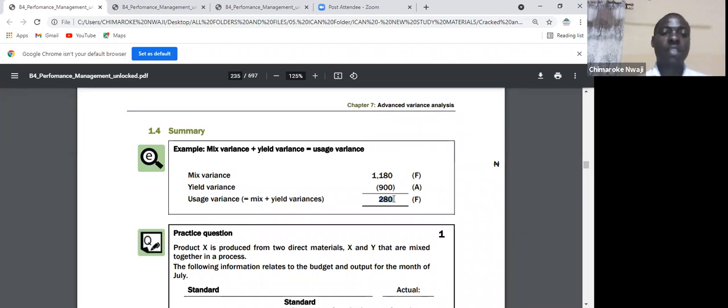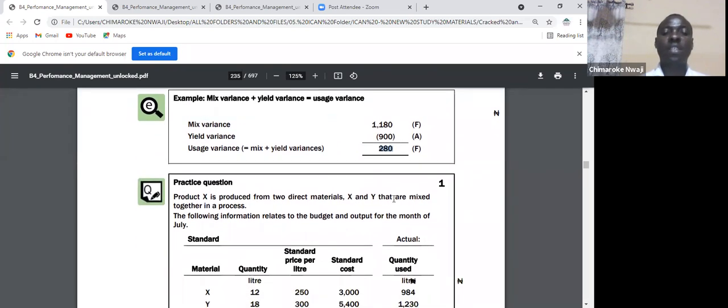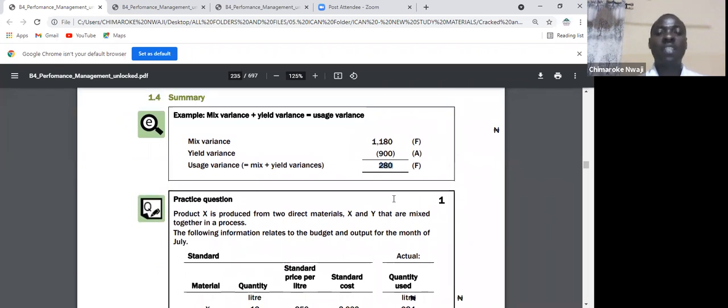So you see that you can separate your material usage into mix and yield. Now, things to note here is that when you have only one material, you just do your usage variance.